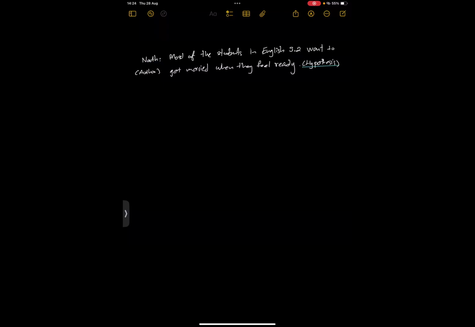Now, in order to prove me wrong or prove me right, I have to collect some data. Now, the question that you use is a tool to collect your data. I'm going to say data collection tool.